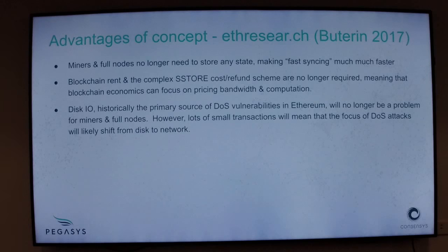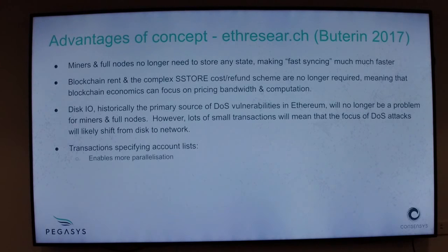And disk I/O has historically been the main vulnerability for DOS attacks in Ethereum, and that will no longer be a problem for miners and full nodes, according to Vitalik. But as Peter pointed out when he looked at the slides, a lot of small transactions will most probably mean the focus of DOS attacks would likely shift from disk to network.